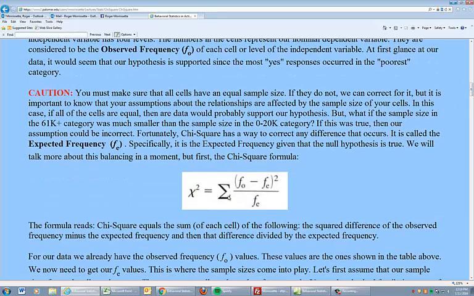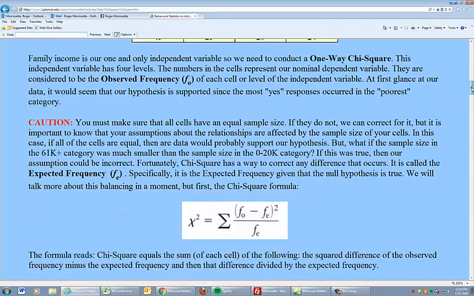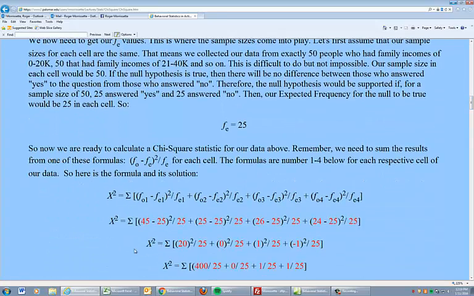So this says we're going to sum this combination, f sub o minus f sub e squared over f sub e. You're going to want one of these for every cell you have. So since we have 4 cells, we're going to want 4 of these added together. And that's the first thing I would do, is put them out on a piece of paper and pencil, and then slowly substitute the information.